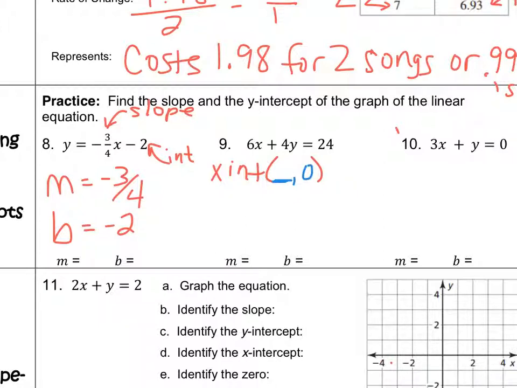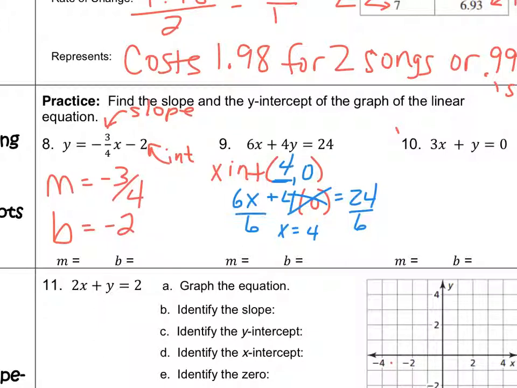So if I go up here and I say I need a value for x, but my y is going to be 0, and the whole thing equals 24. I can cross out 4 times 0, and I'm just left with 6x equals 24. Divide both sides by 6, and my x equals 4. So I have my x-intercept.